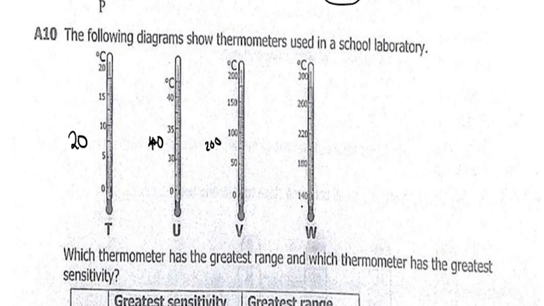Then this one starts at 140 to 300, so we subtract 300 minus 140 and we get 160. The one showing the greatest range is V.